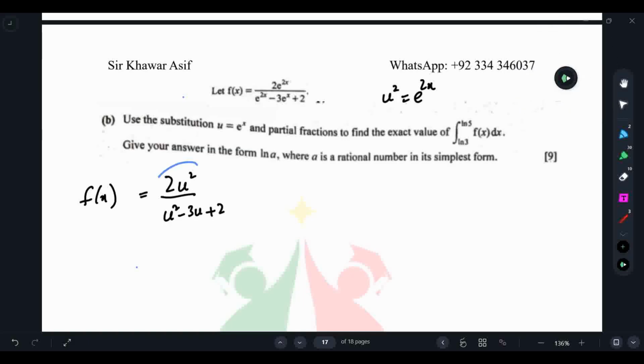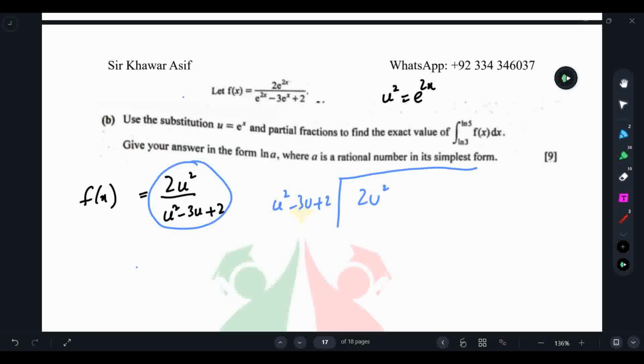For integration we have to make it a proper fraction first, and then we can use the properties of logarithms. So we need to divide 2u square by u square minus 3u plus 2.